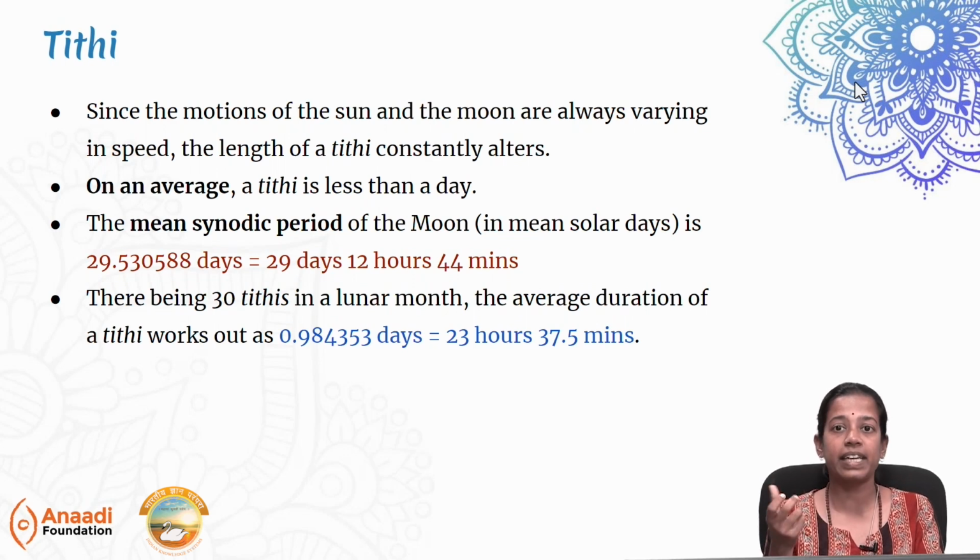So, these many days it will take to complete the 30 Tithis. To complete one Tithi, 29.5 divided by 30, that is what we use to measure how long it will take to complete one Tithi, which will be roughly about 23 hours and 37.5 minutes. That is what it will take to complete a Tithi.